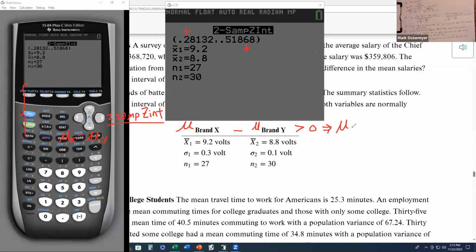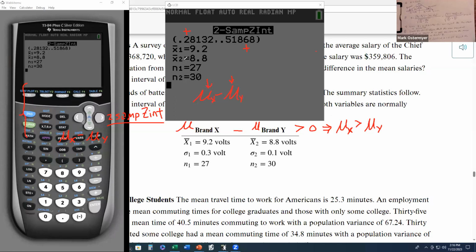It looks like the mean voltage of the brand X batteries would be greater than the mean voltage of the brand Y batteries, based on, again, the fact that our confidence interval has positive endpoints. And that was the order of subtraction we chose. And so obviously this mean has to be larger than this mean if you are to get a positive difference, as indicated by the endpoints of the confidence interval there.